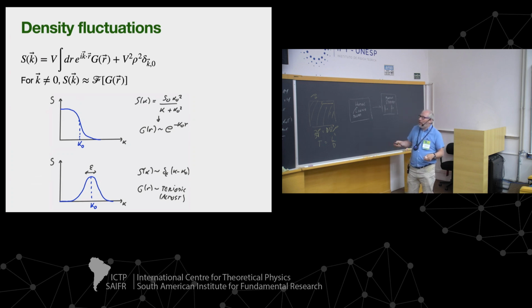Almost, because it's only periodic if it's a true delta, but if it's wide, you get something that is almost periodic, meaning that the things have a period. To be more concrete, if the structure factor is something like this, the correlation function is going to be something like this.